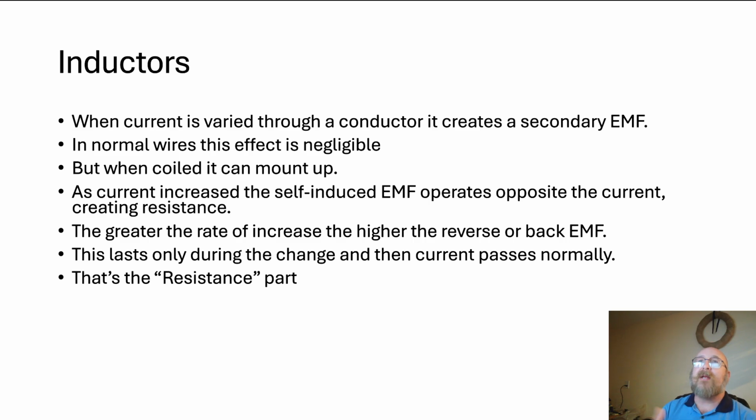So when current is varied through a conductor, it carries a secondary EMF. So it's producing an electromagnetic field. That's what EMF stands for. In normal wires, it's negligible. It doesn't do much because we've just got a straight wire and it's just a tiny field that surrounds that one wire.